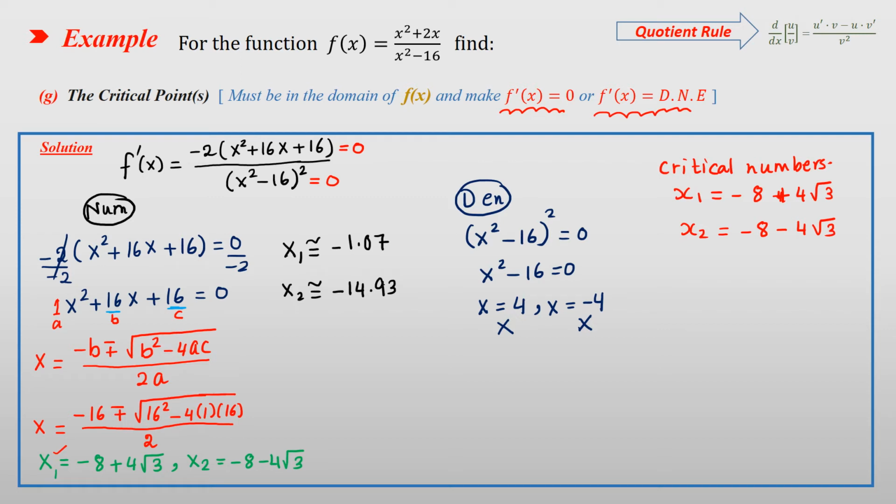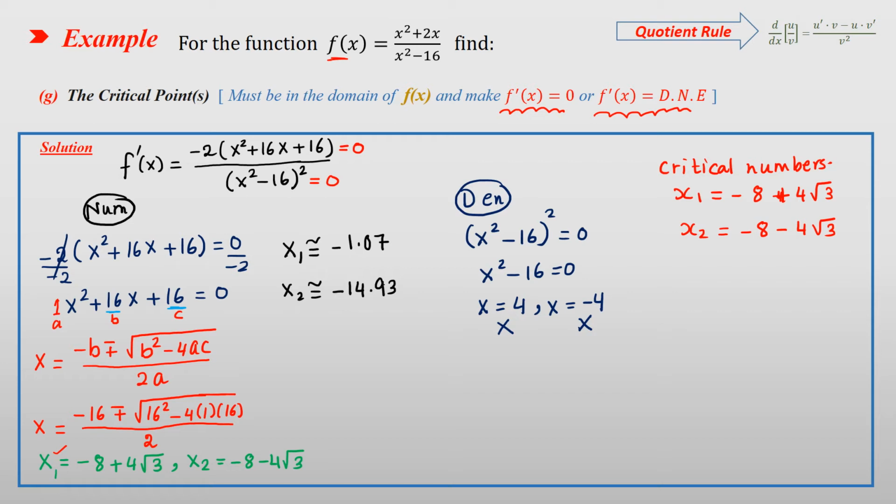So only these are the critical numbers of the function f of x. But the question is to find the critical points, not the critical numbers. So you have to substitute x1 and x2 into the function f of x to find the critical points.